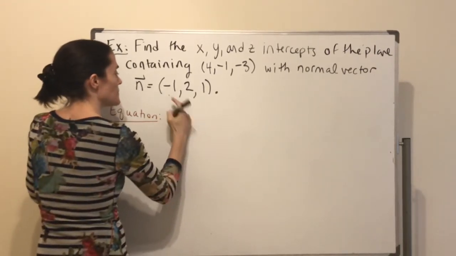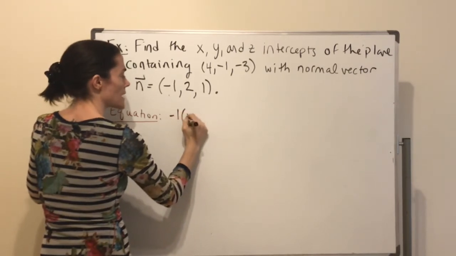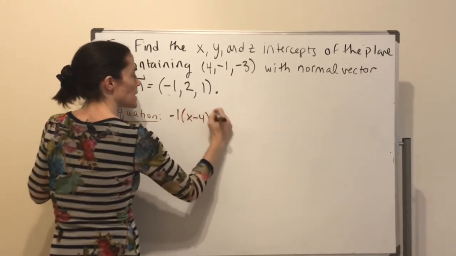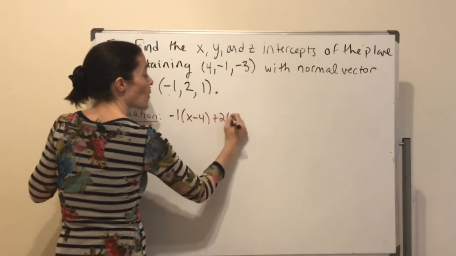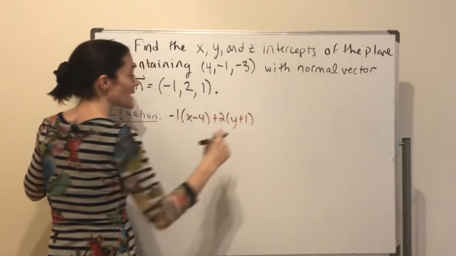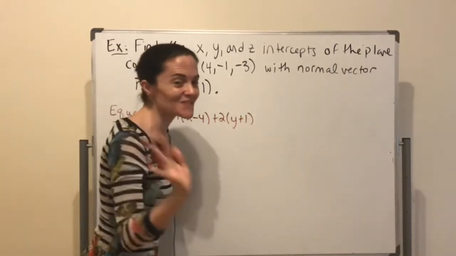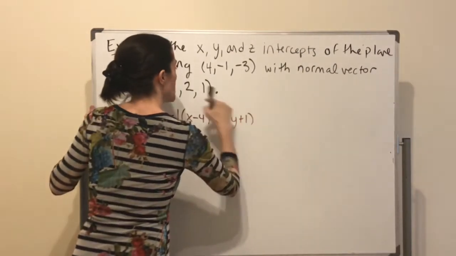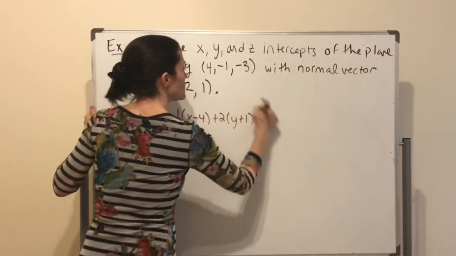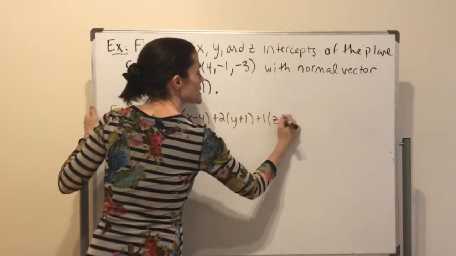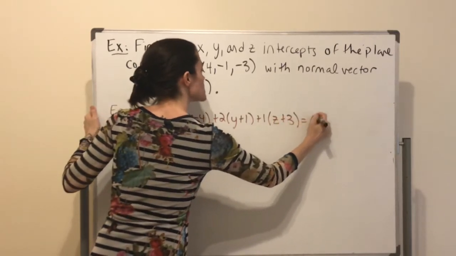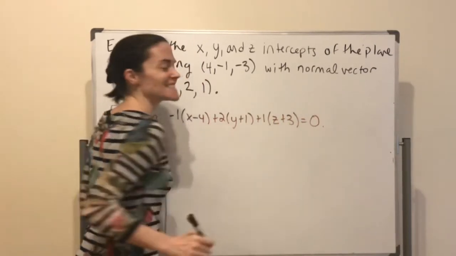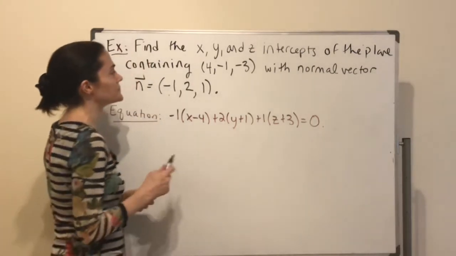So it says here, minus 1 times (x minus 4), plus 2 times (y minus 1), which is y plus 1, and then plus 1 times (z minus 3), which is z plus 3, equals 0. This is an equation for our plane.